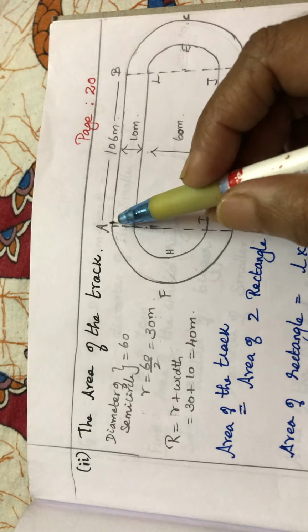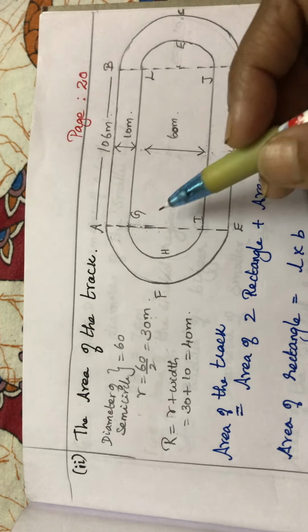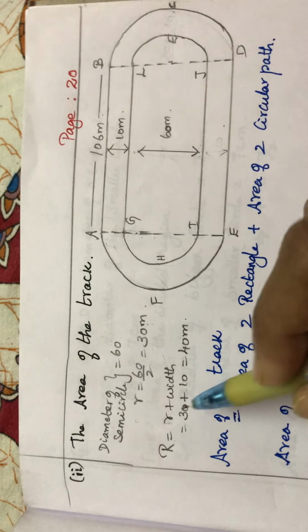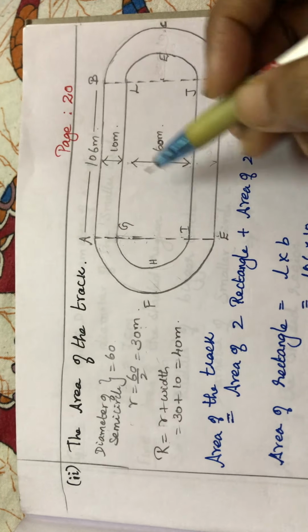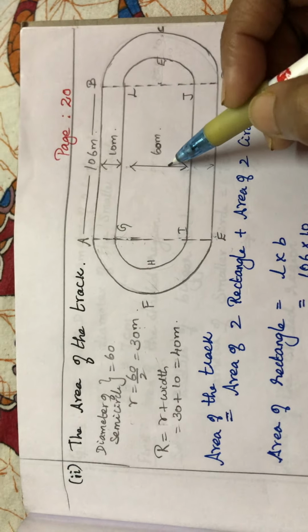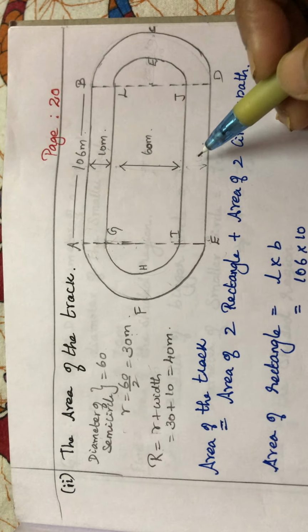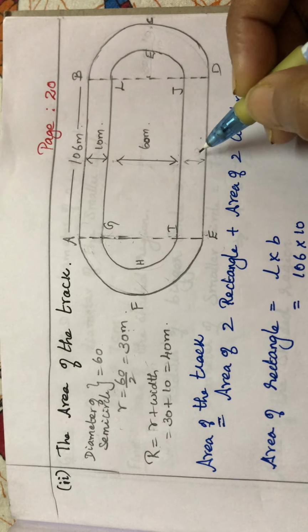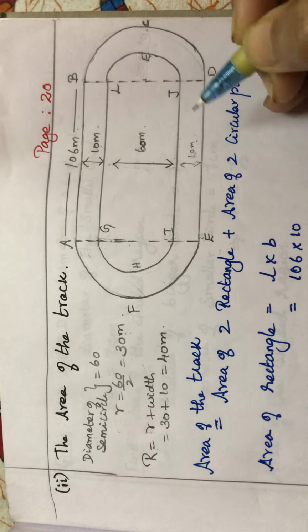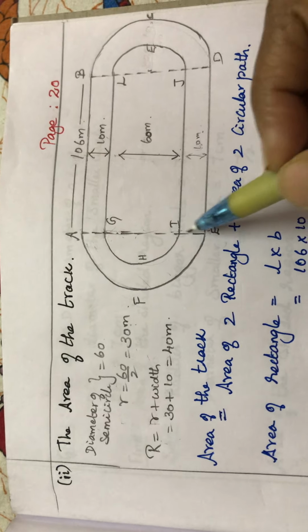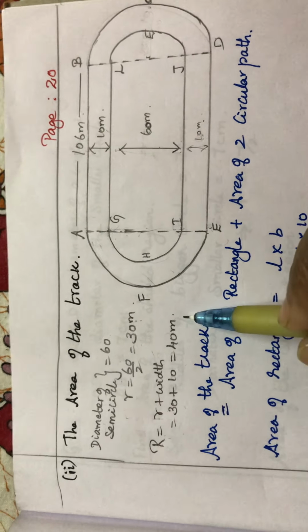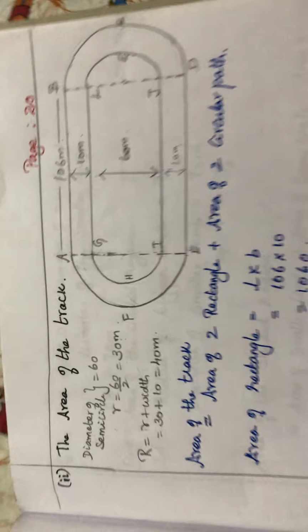The radius of the inner circle, small r, we calculated as 30, plus this 10. Or you can take the entire length, 60 plus 10 plus 10, 80, divided by 2, that is your wish. So 30 plus 10 is 40, or you can take the entire length and divide by 2.